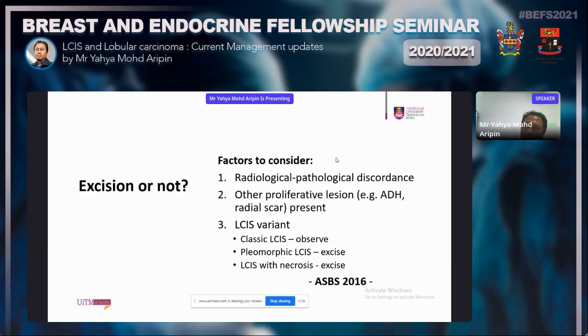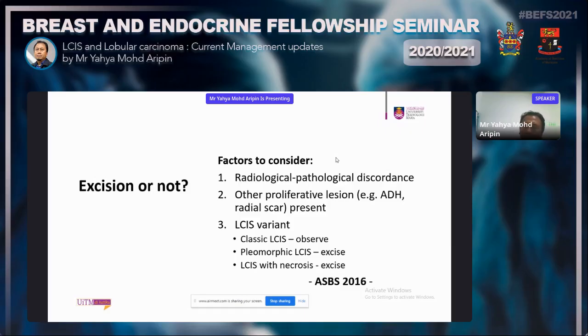You have to look at whether there is any radiological pathological discordance. Histology says that it is LCIS, then you go back to the patient, see whether the patient has any strong family history, whether you can feel any lump on physical examination, because you don't expect that if it is classic LCIS.